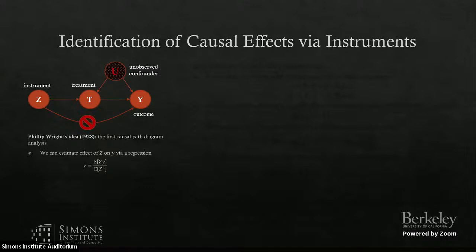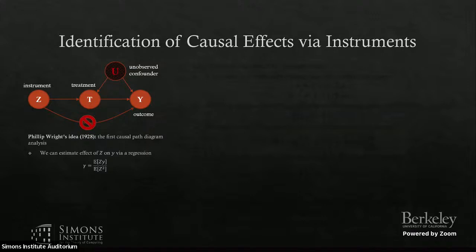Basically, he said, because there is no unobserved confounder in the relationship between z and y, so there's no common parent that points to these two variables and which is unobserved, we can actually estimate from the observational data the effect of the instrument on the outcome by simply running a regression of the outcome on the instrument.